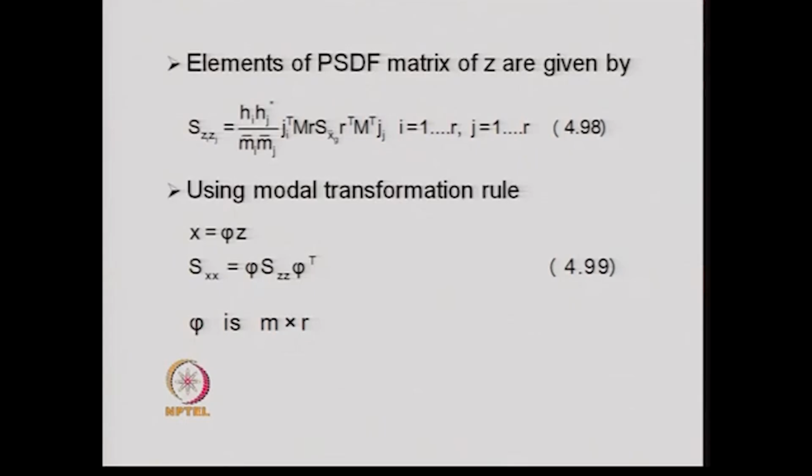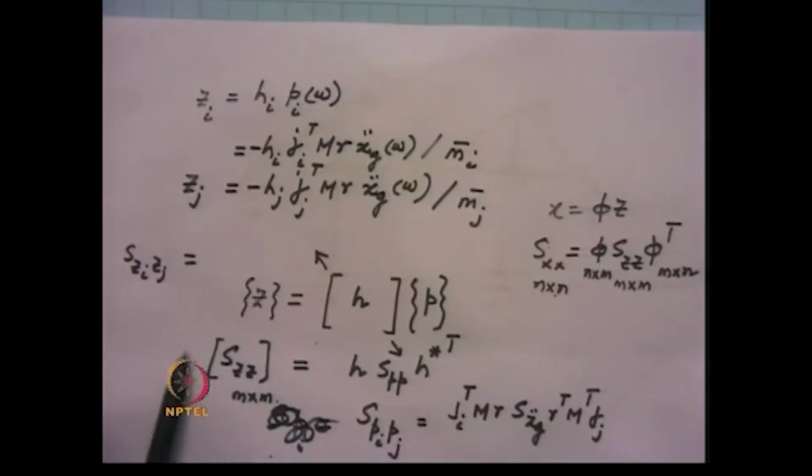We can obtain S_z for each mode, or the power spectral density function matrix S_zz, which is given by this. Mind you, this S_zz is not a diagonal matrix, it will have cross terms.